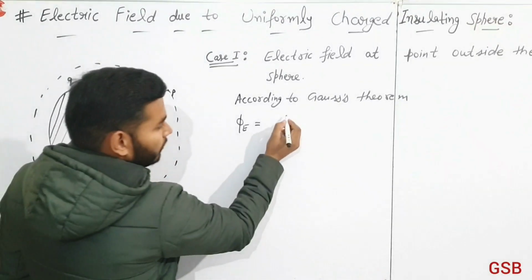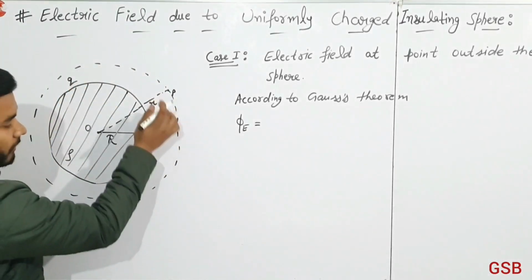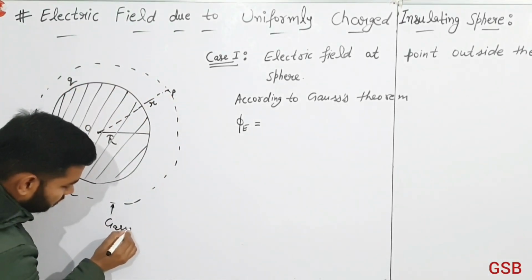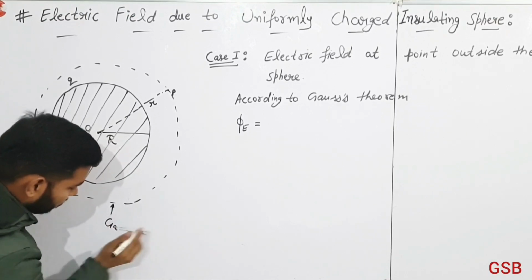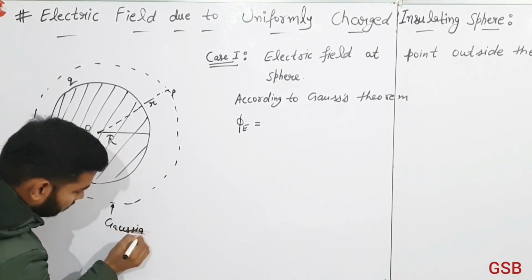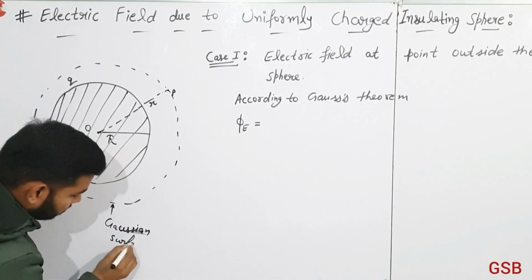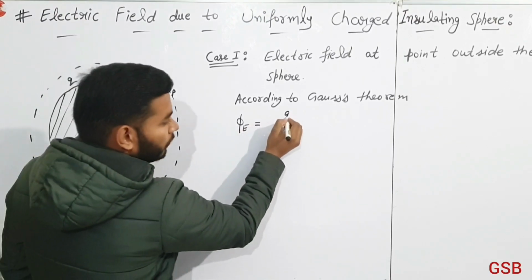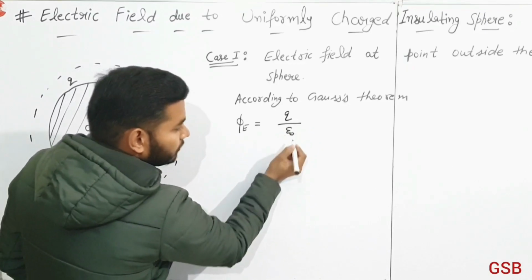As we know, this is the Gaussian surface, and the total charge enclosed is Q by epsilon naught.